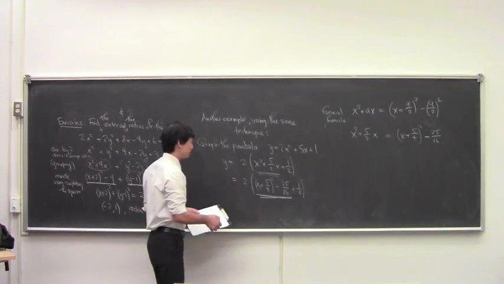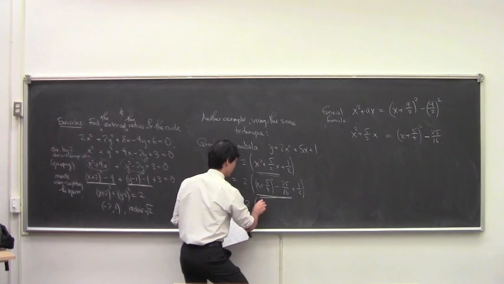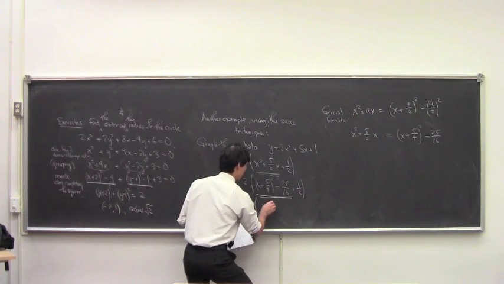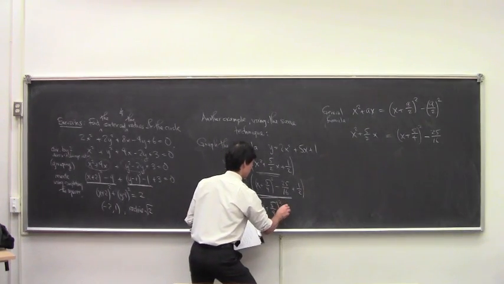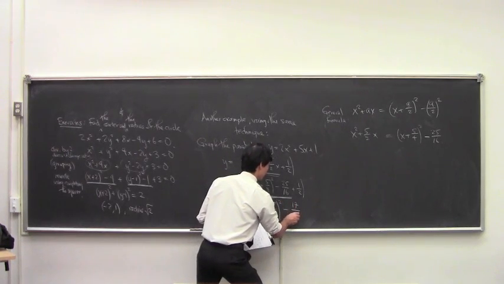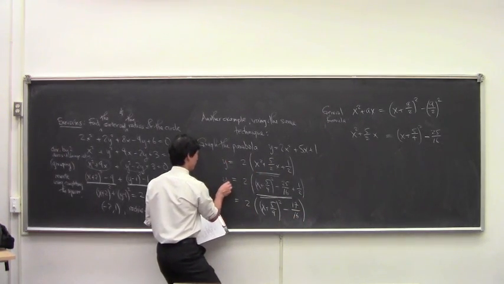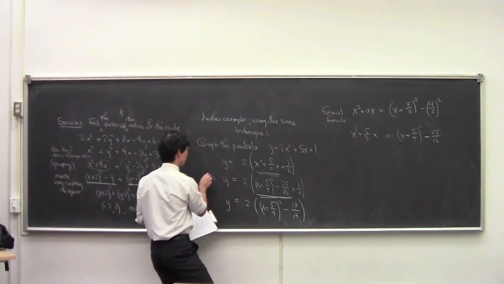So 2 times (x plus 5/4) squared minus 17 over 16 is what y is equal to.